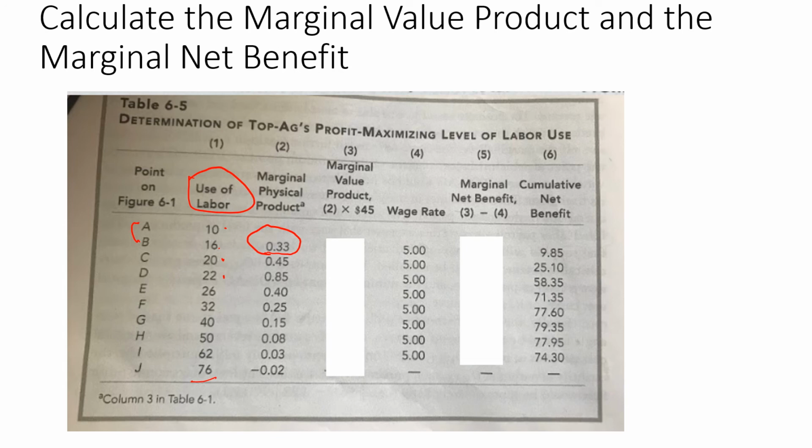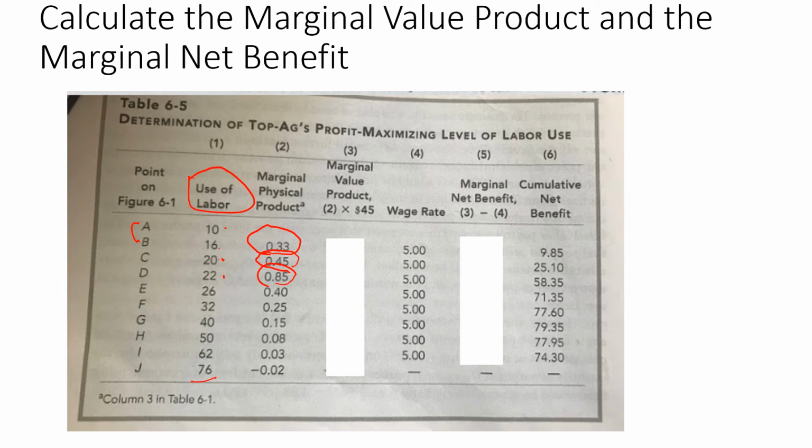Going from 16 to 20 hours of labor, we are going to have 0.45, so almost half a unit of product for every increased hour or unit of labor. Going from 20 to 22, we're going to have 0.85 physical products produced.